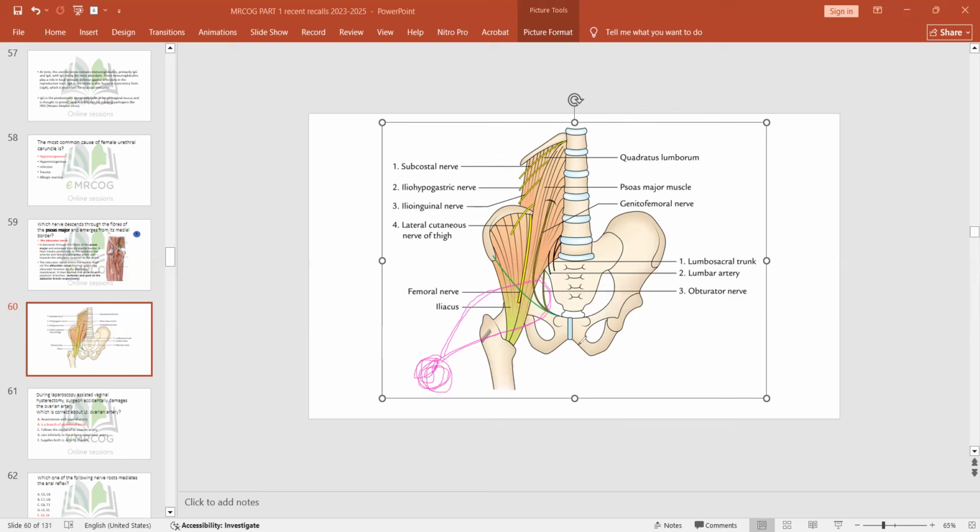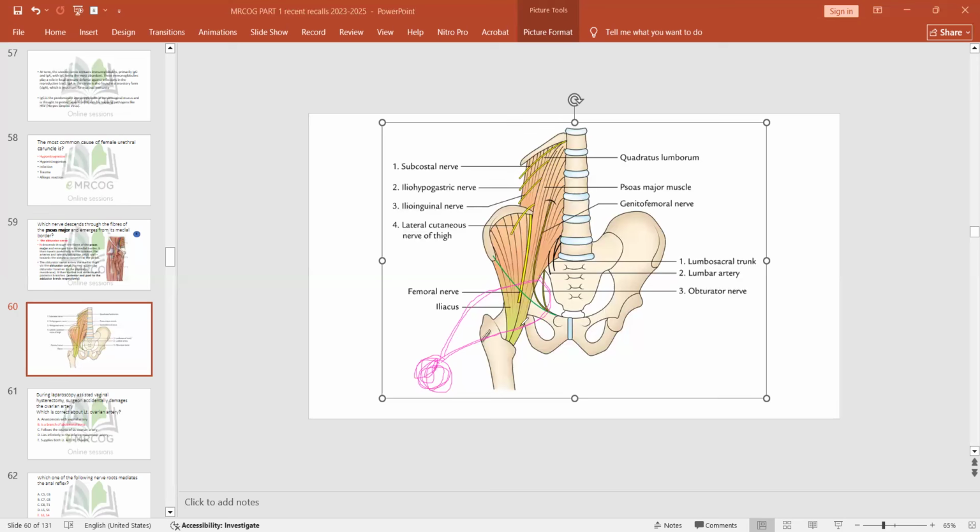And there are other retractors that we self-retract by our hands. So if you are assisting in a hysterectomy, you are going to be the one who handles the retractor. If you handle it very strongly, you are compressing on the femoral nerve here.